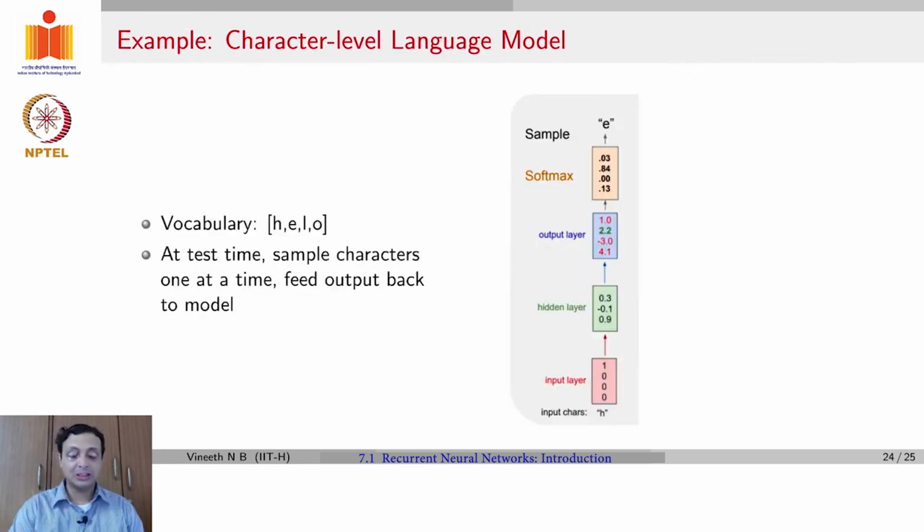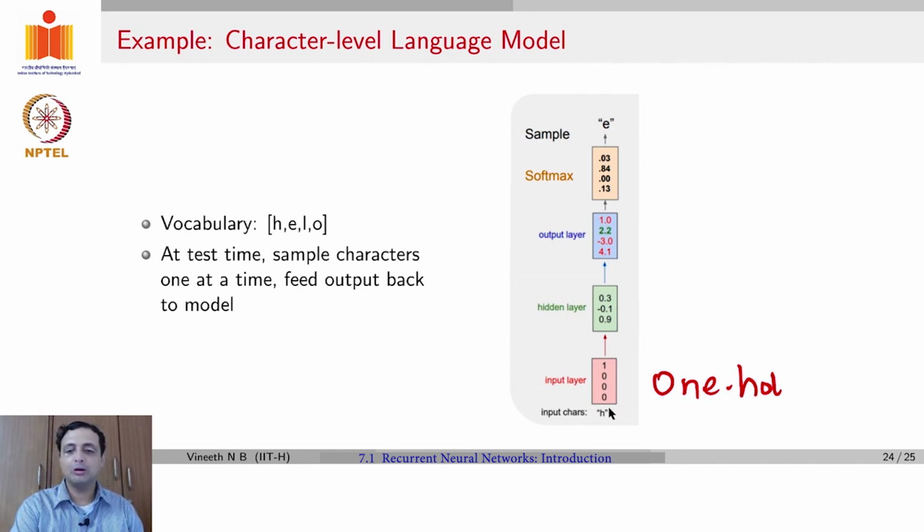To give a more tangible example, let's consider an RNN model. Let's assume that the inputs and the outputs come from a vocabulary HELO, and your input character, let's say, is H, which is denoted as 1000. Such a representation is also known as a one-hot vector.